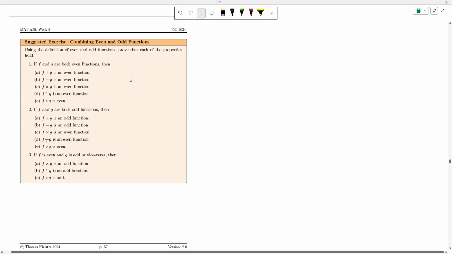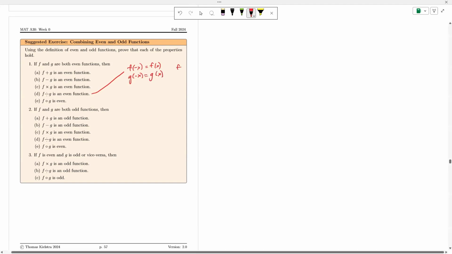And I'm going to go through this example for you. f of minus x equals f of x, and g of minus x equals g of x.